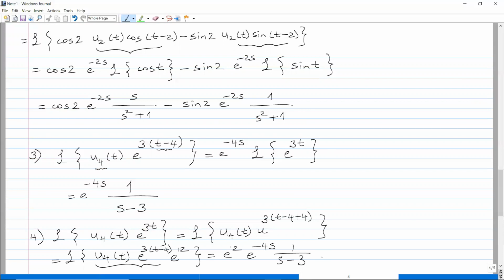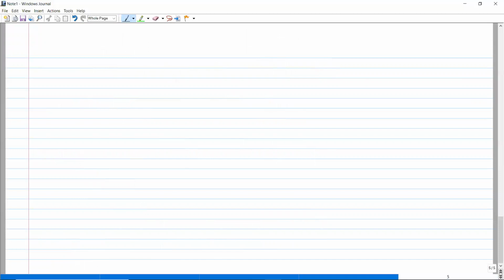Now, if you remember in the previous video, we had some piecewise functions, and we wrote them using unit step functions. So we can now compute their Laplace transform. So this is example 1 from the last video.